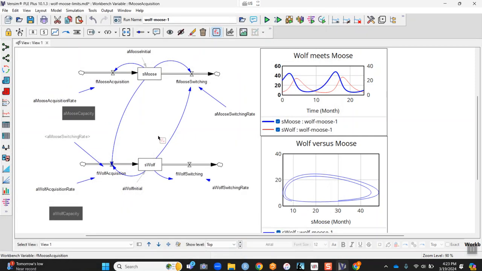Just a simple trick. We have moose capacity here. We haven't even defined what that is yet, have we? No, but we will in a second. Let's go from here down to here. Remember, Alt click will get us there.